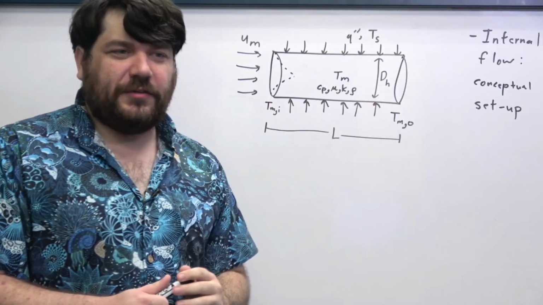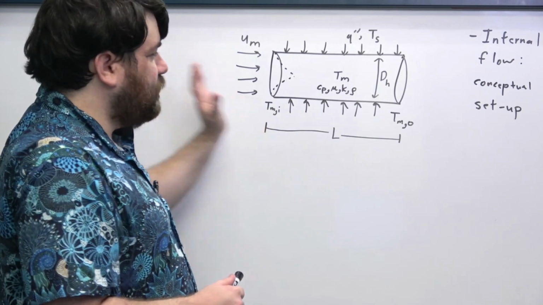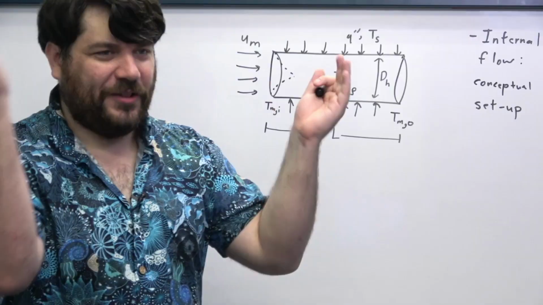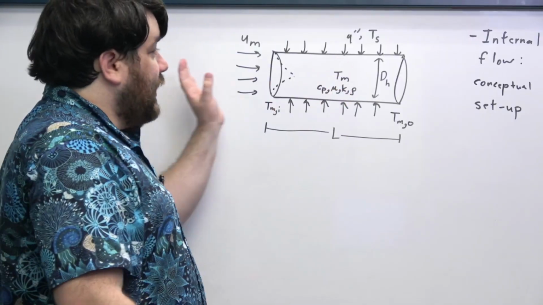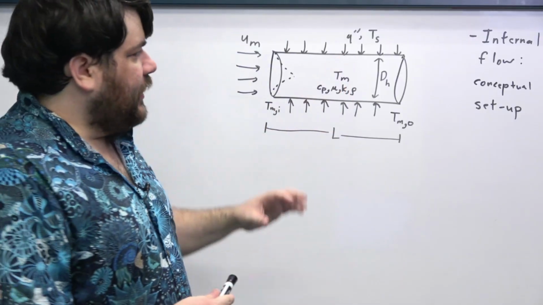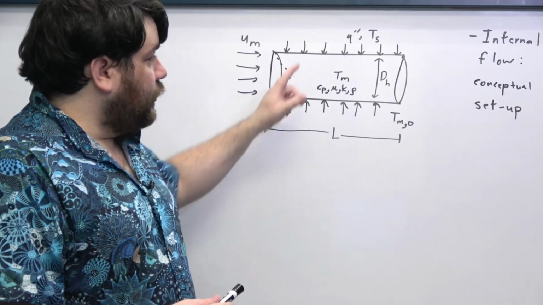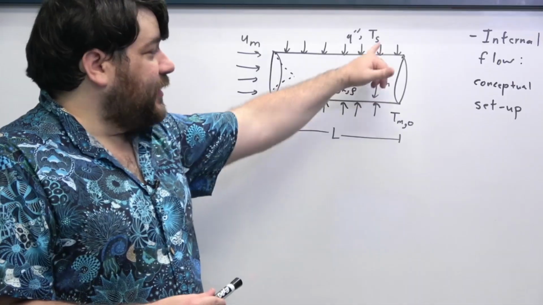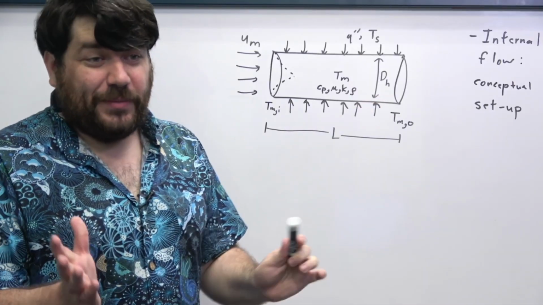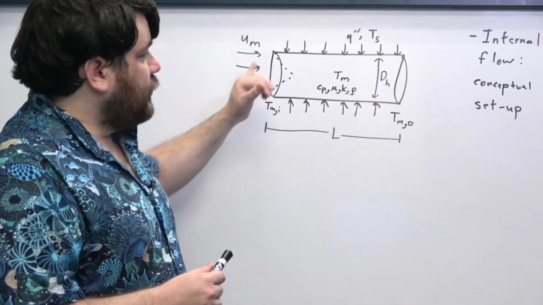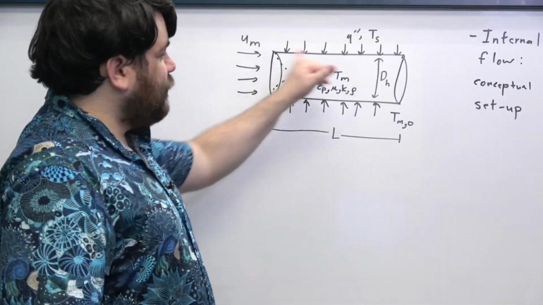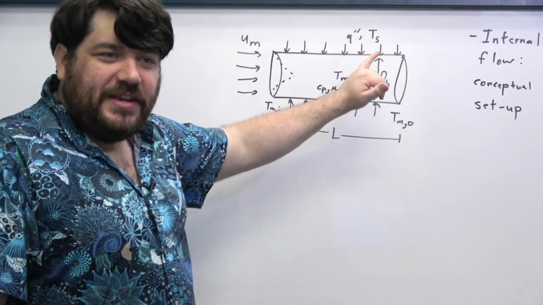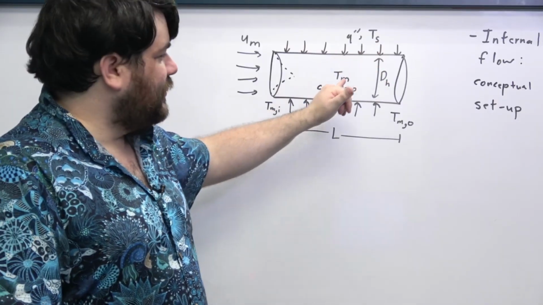as far as the physical setup goes, this is really just a liquid flowing through a tube, right? A duct, a generalized tube. And as it flows through this tube, heat transfer occurs between the surface of this tube, which maybe is at a uniform surface temperature T_s, or maybe it's not, such that there is some kind of heat flux everywhere along this tube surface that is transferring heat from the tube to the liquid.